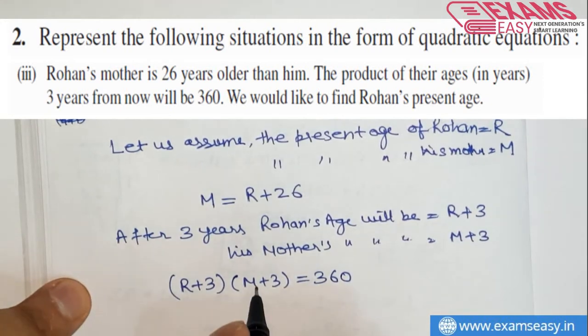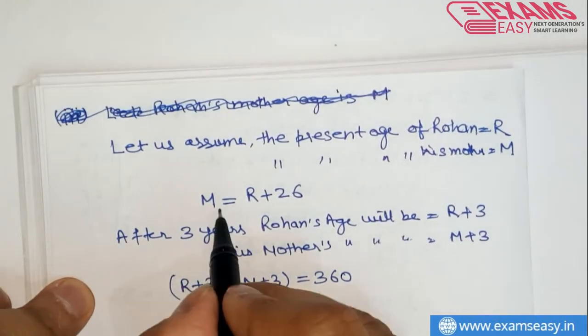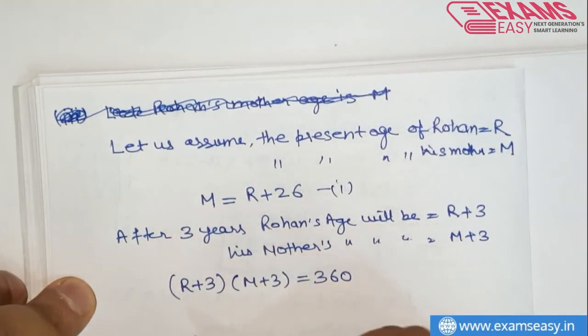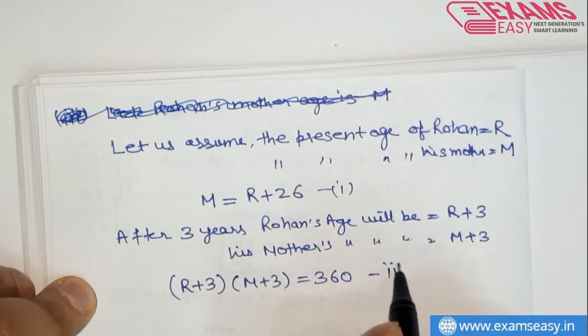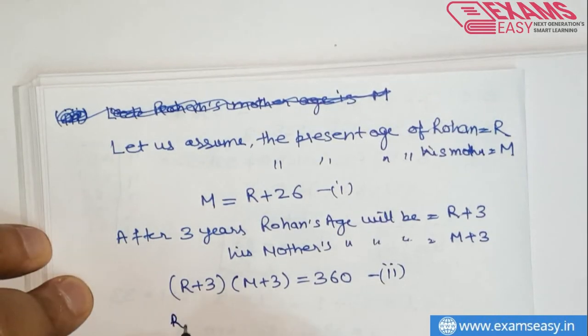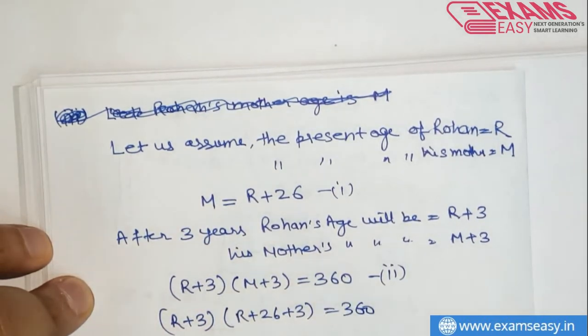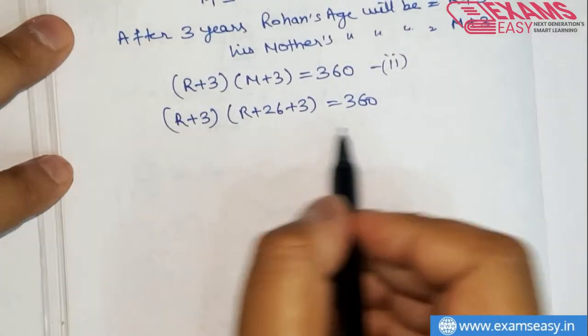Since we have two variables, we can replace one variable using equation 1. So putting the value of M in equation 2, we get (R plus 3) into (R plus 26 plus 3) is equal to 360. Let us multiply this.